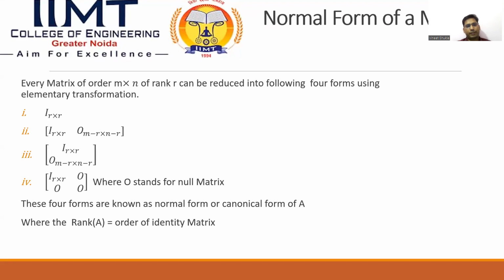Normal form of a matrix. Every matrix of order m cross n of rank R can be reduced into the following four forms using elementary transformation.